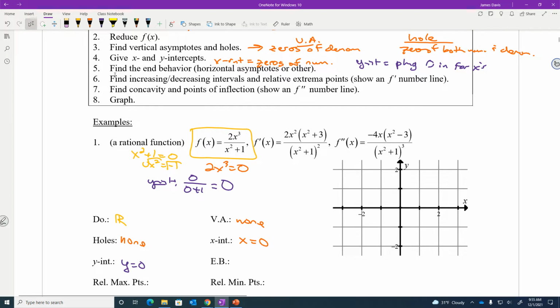Right, and 5 is the end behavior. So end behavior and horizontal asymptotes, those are kind of the same thing. If you have a horizontal asymptote, that is your end behavior. If you don't have a horizontal asymptote, then the end behavior will be like as x goes to infinity, f of x goes to whatever.